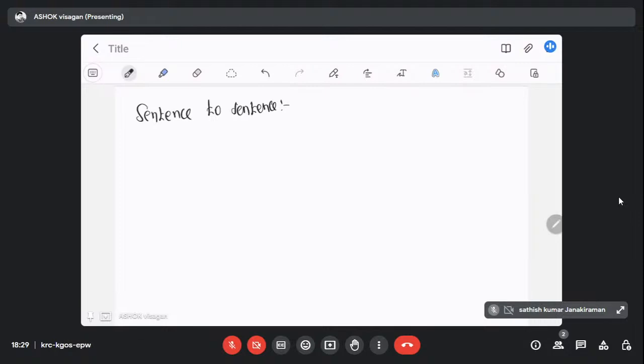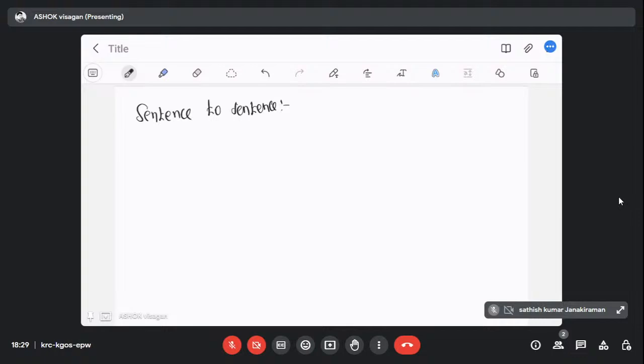Here, most of the time they use a sentence to code the word. And the important thing is, it is one of the very easiest topics in the entire reasoning part. This sentence to sentence coding is one of the very easiest parts.